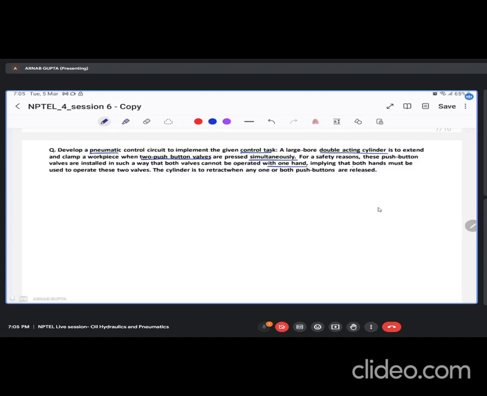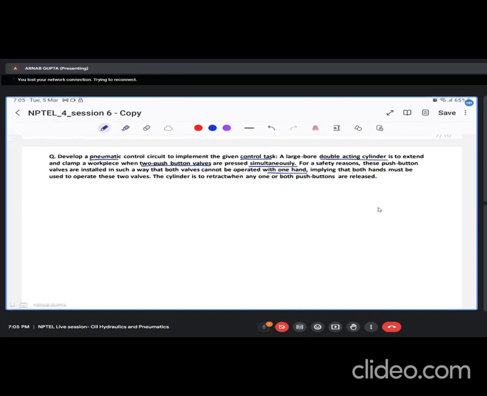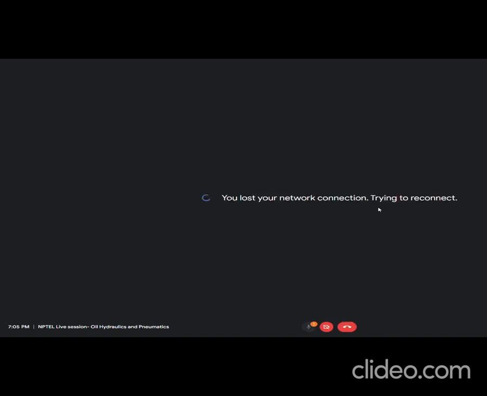This is present in several applications where, for safety reasons, we won't allow the cylinder to extend when you are pressing the valve using one hand. So there are two different valves which need to be independently activated at the same time, so that you get the final outcome, that is the cylinder extending and clamping the workpiece. As you can understand, we have two different valves which will be activated.